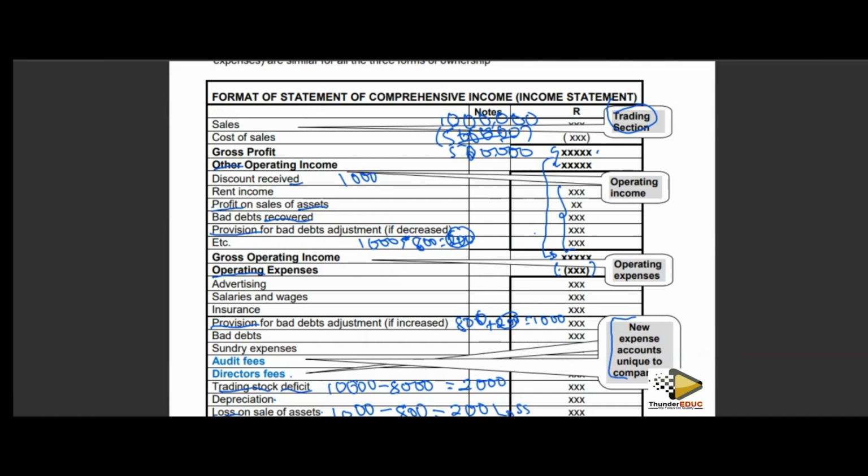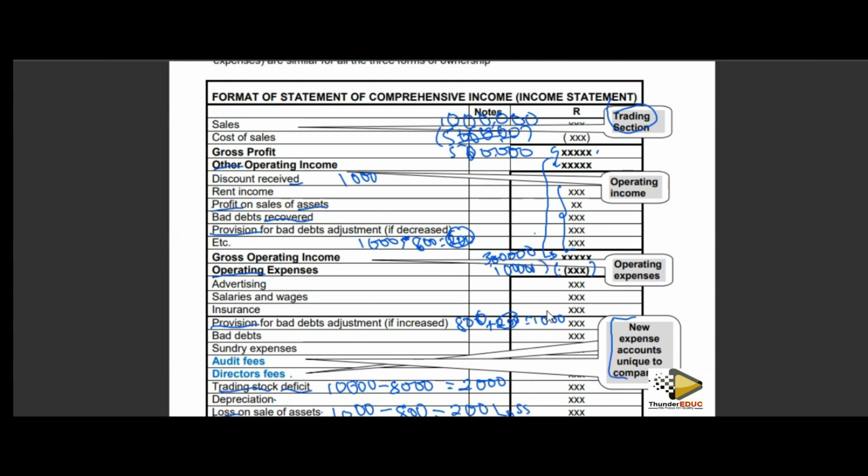Meaning, if our income is bigger than our expenses, let's say our operating income here was 300,000. I'm just giving an example. And we find that all our expenses are only maybe 100,000.